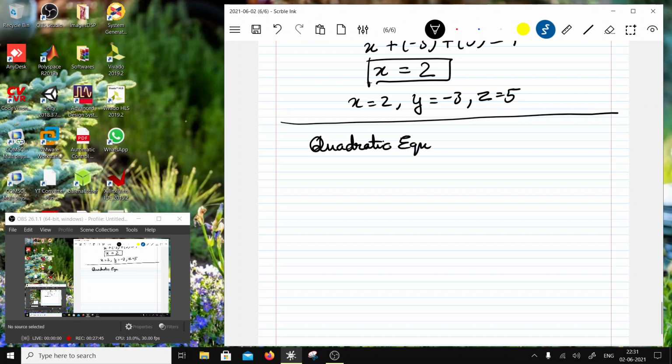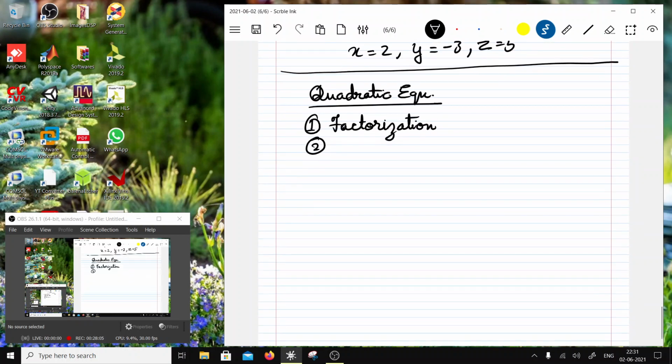If you have a variable or a mix of variables raised to the power of 2, that will be called a quadratic equation. There are various ways of solving it. One is factorization, that's the easiest one. The second one is going to be completing the squares.